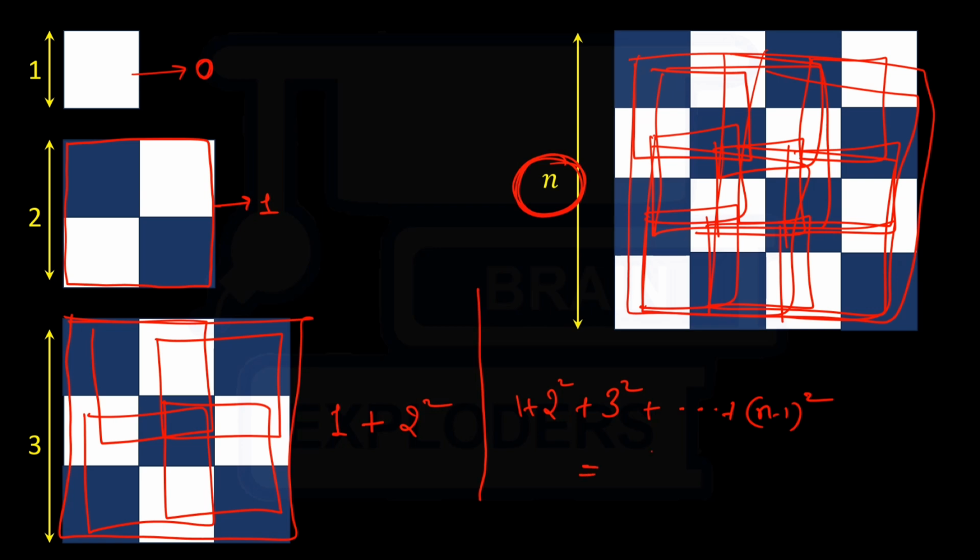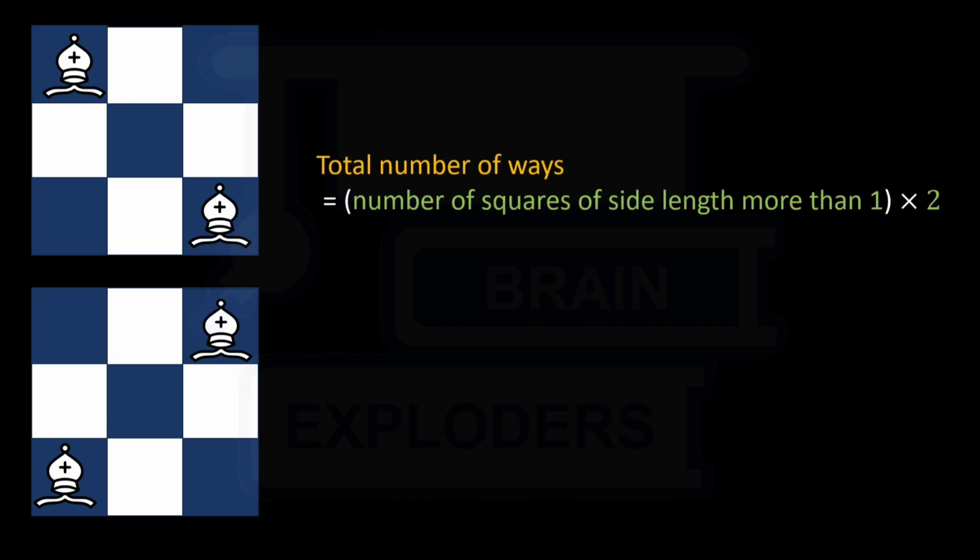So by formula it is equal to n minus 1 times n times 2n minus 1 divided by 6. Okay, I have directly used the formula. Now on every square there are two possibilities, so we will multiply this number of squares by 2. So this is the possible number of ways for bishop.